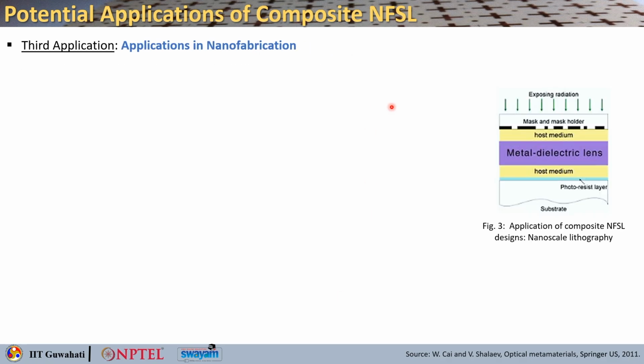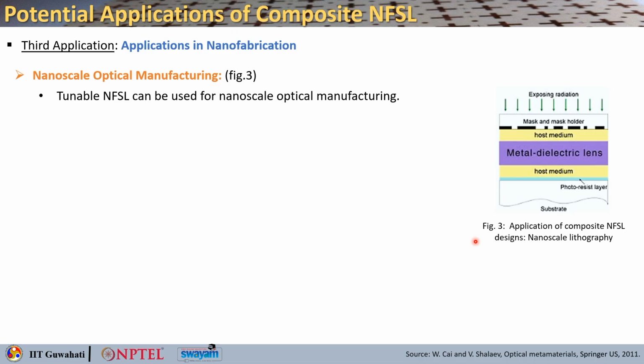Now, the third application is in the area of nanofabrication. So, here you can see nanoscale optical manufacturing. We are considering nanoscale lithography, where a tunable near field super lens can be used.